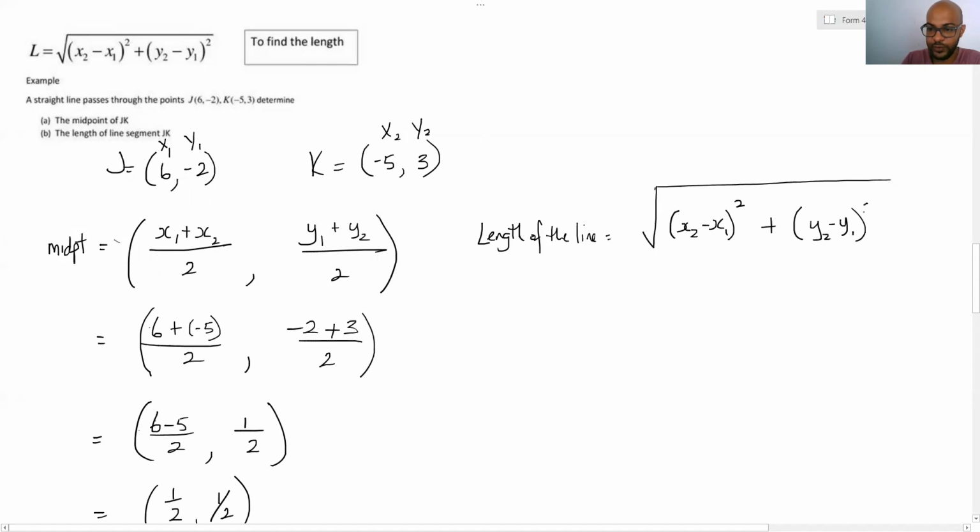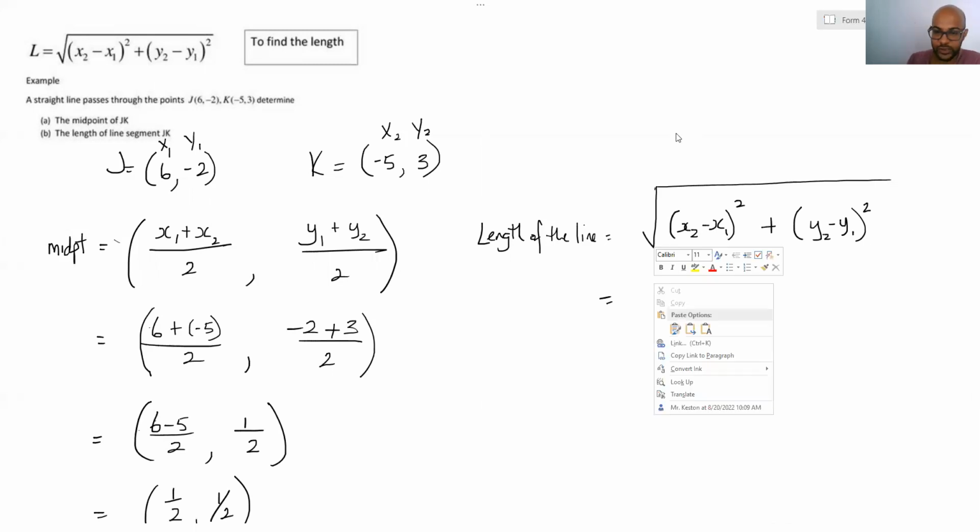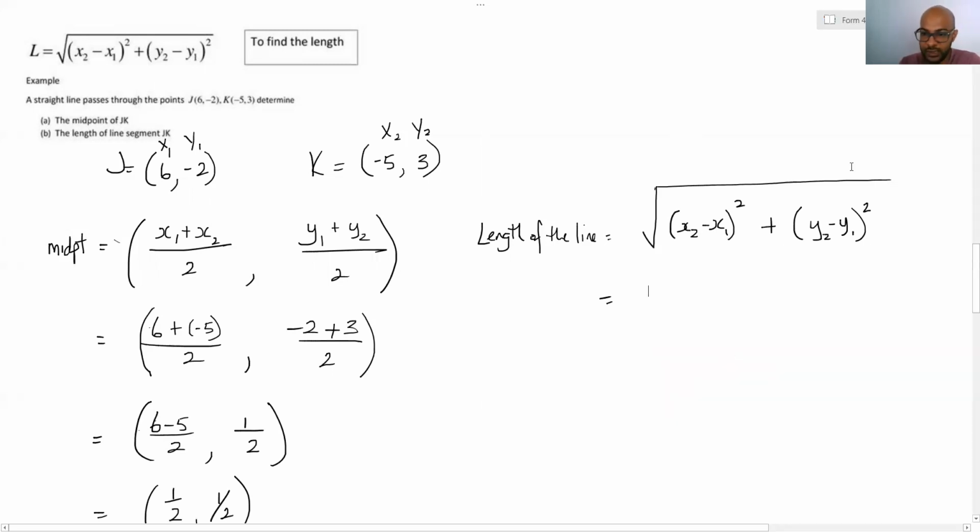If we look at the proof of this, we would realize that essentially what we're doing here is Pythagoras' theorem, but sometimes I do like to show the overlap because students tend to get a bit confused. So just know the formula. The formula is the square root of x2 minus x1 all squared plus y2 minus y1 all squared.